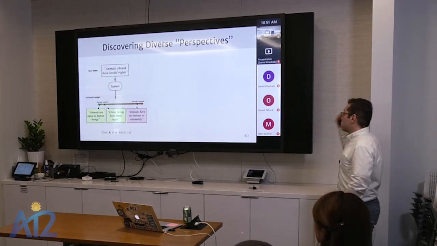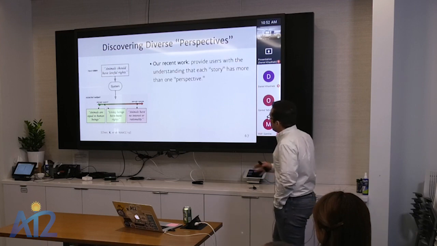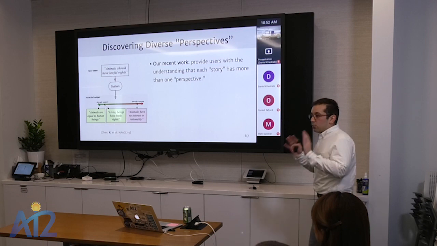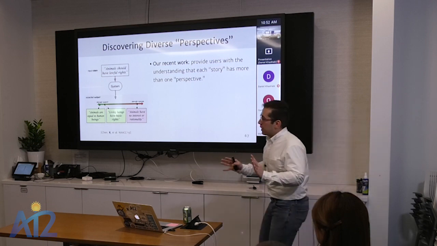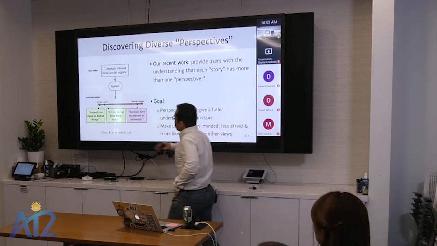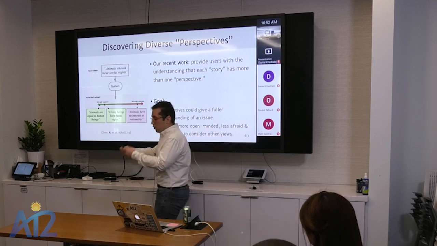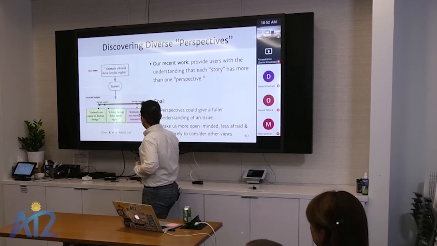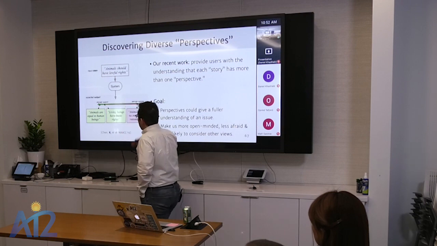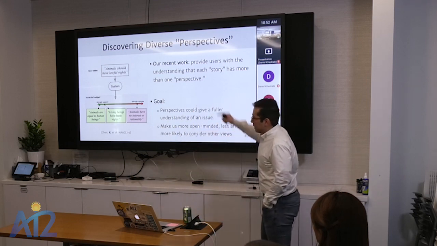We took the first step towards this in our NAACL paper. In this paper, what we do is provide users with an understanding that the world is not really black and white. There are many aspects to a single problem. As I show it here, a given system is supposed to take in a claim and look up, from a given pool of perspectives, a bunch of perspectives that address this issue, and tell you whether they are supporting or against this given claim.